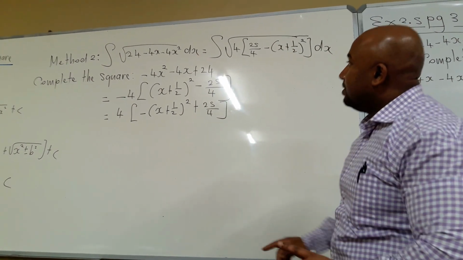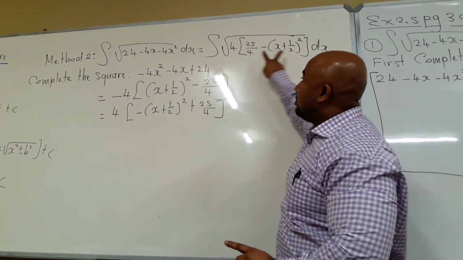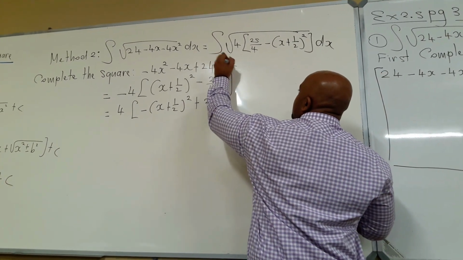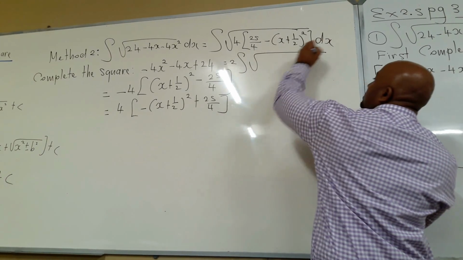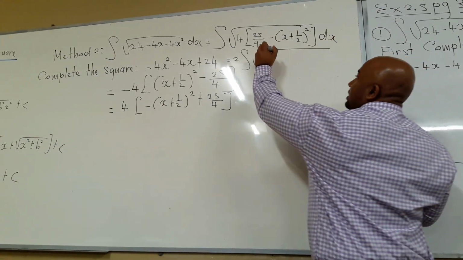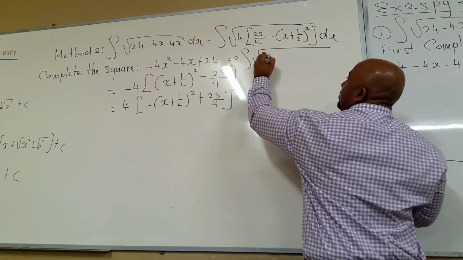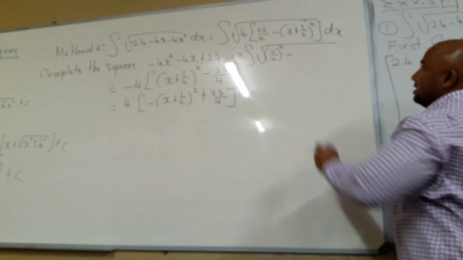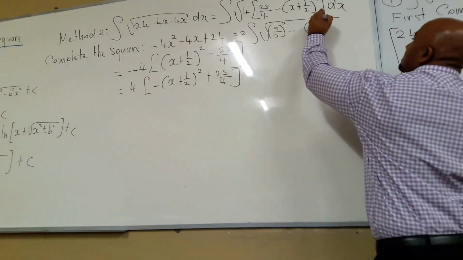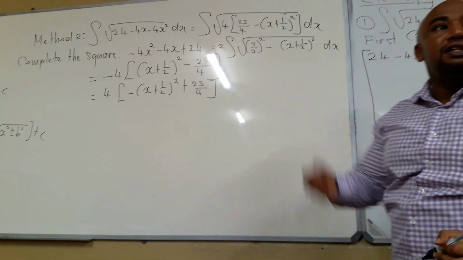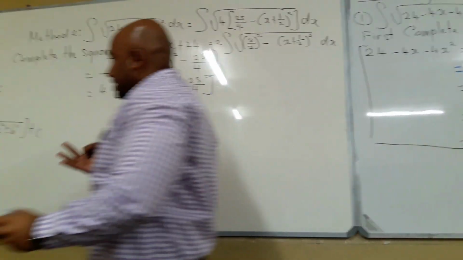So now what do you do? You find the square root of 4. What's the square root of 4? 2. So that's going to be 2 times the square root of, you write down 25 over 4 as a perfect square, which is 5 over 2 all squared minus x plus 1 over 2 all squared. Now, it's still number 3. Here's number 3.